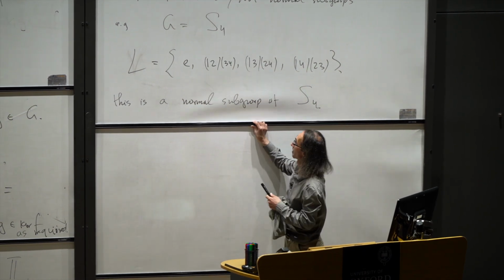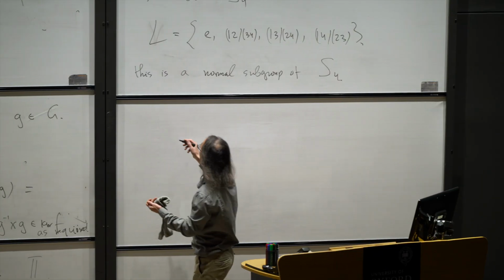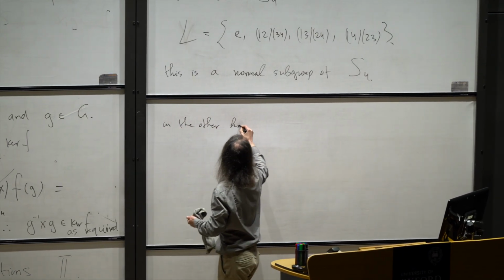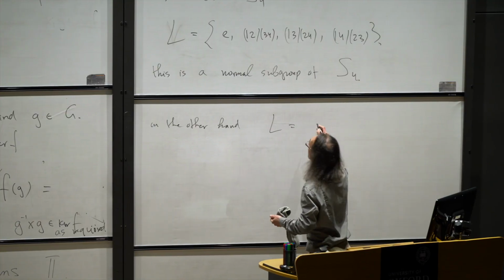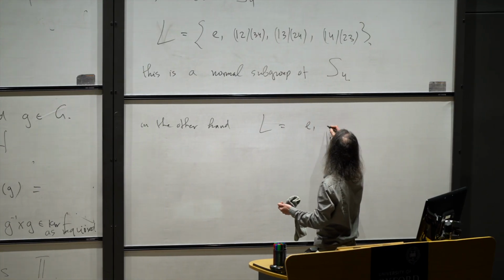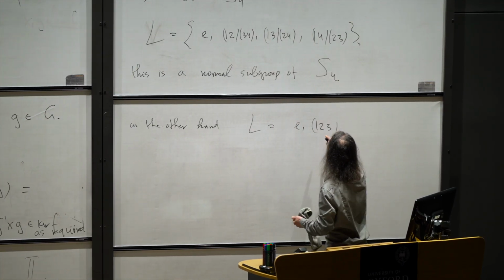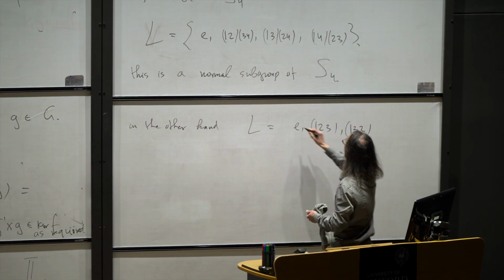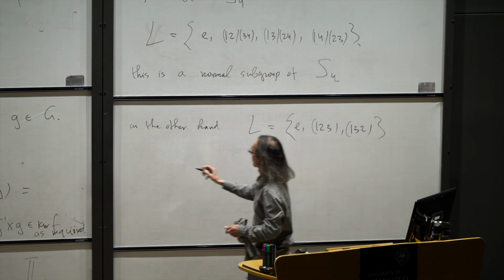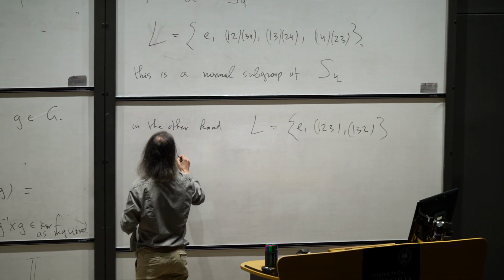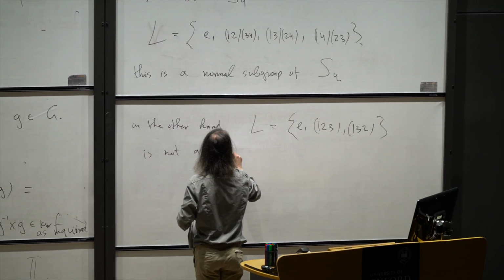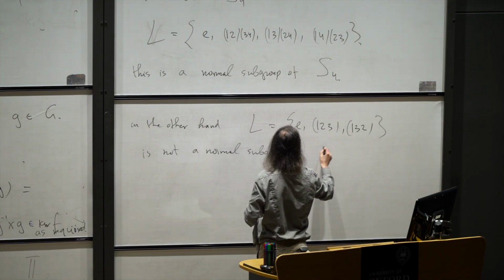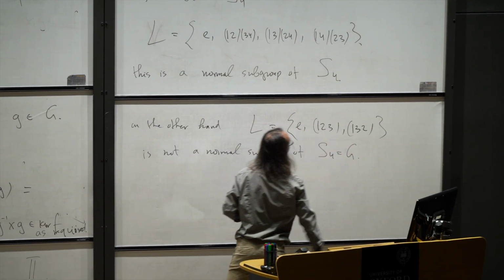Yeah. On the other hand, if I take L to be the identity and the cyclic group generated by the 3-cycle (1 2 3), this is not a normal subgroup. Right?